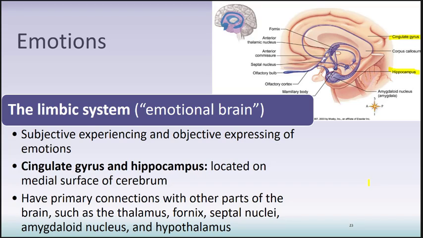These structures have primary connections with various other parts of the brain, in particular the thalamus, the fornix, the septal nuclei, the amygdaloid nucleus, and the hypothalamus, all playing a role in our ability to subjectively experience emotion and then objectively express it.